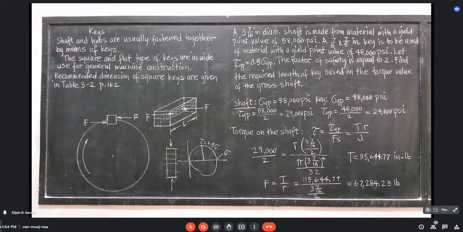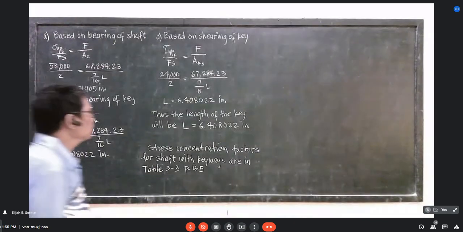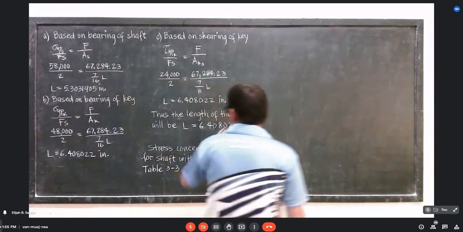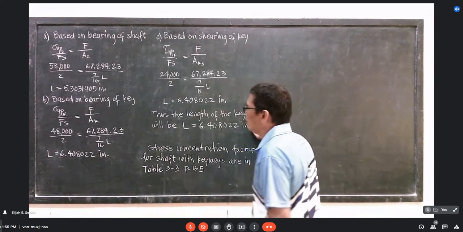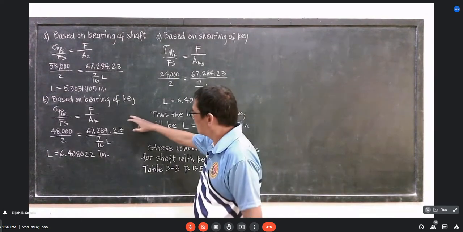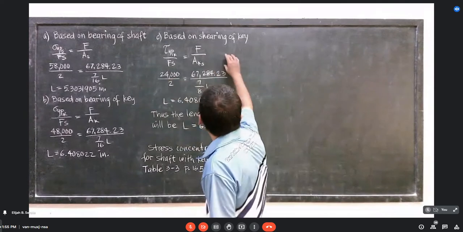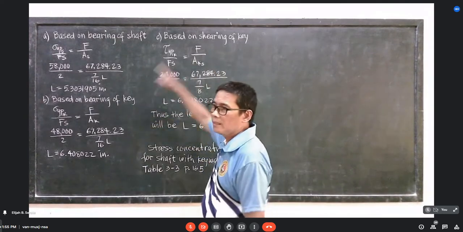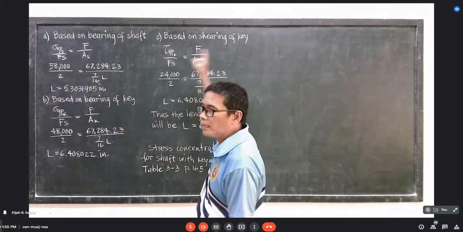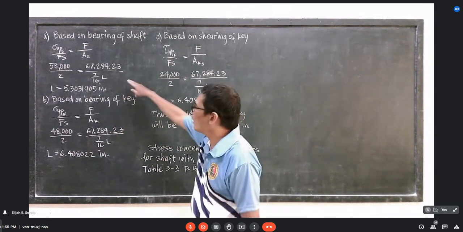Another thing that you also have to look at in these values here is that in our solution, in our conclusion, the length of the key is based on either the shearing or the bearing of the key, not on the shaft.